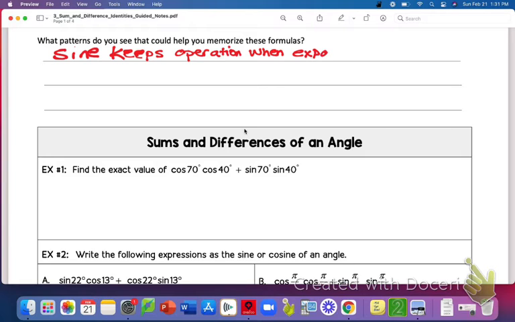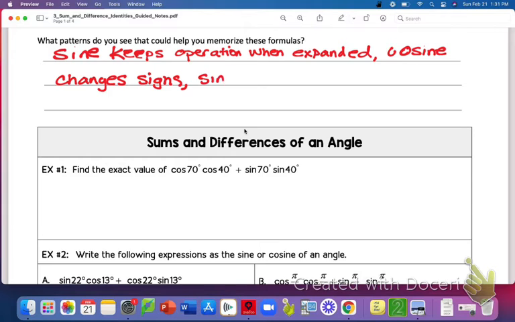So if it was plus, it stays plus. If it was minus, it stays minus. Your cosine changes signs. So if it started out as plus, it goes to a minus. If it started out as a minus, it goes to a plus.